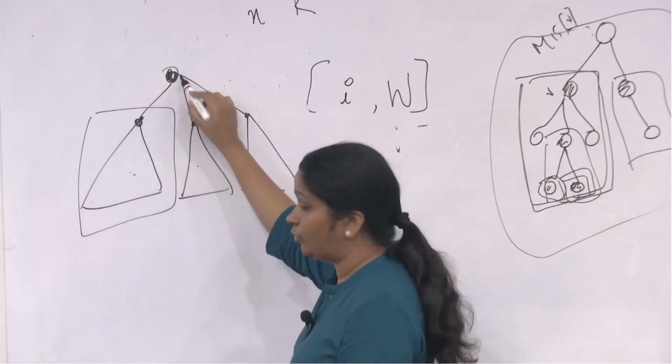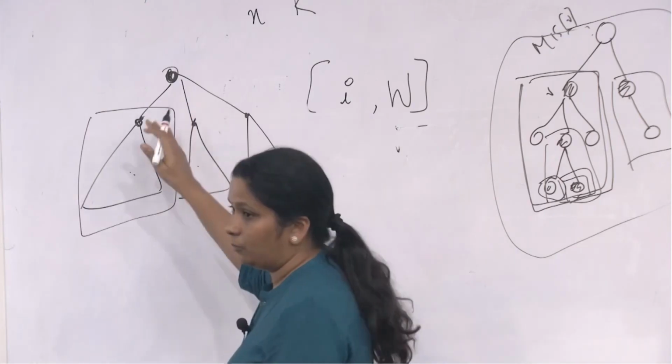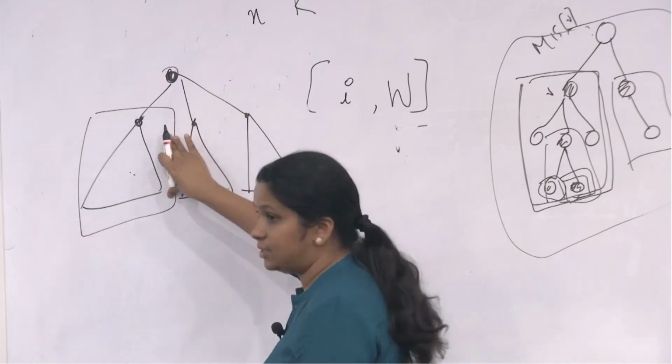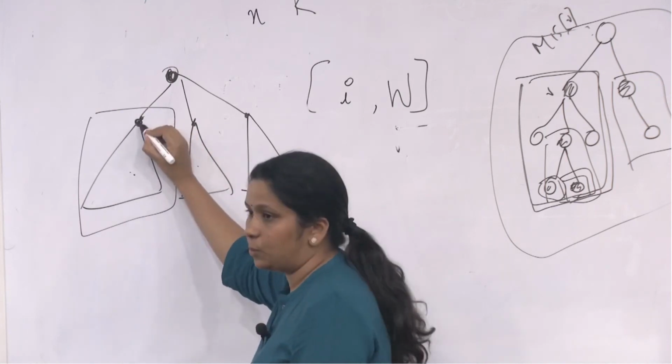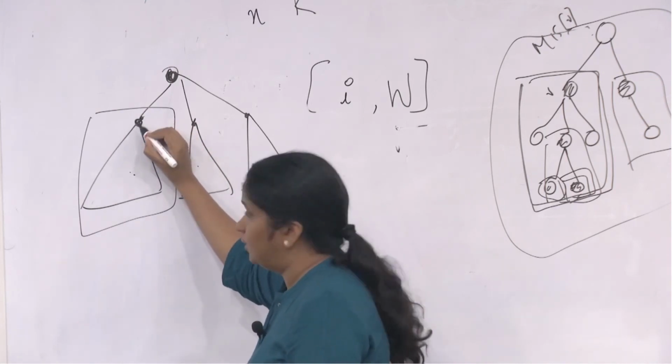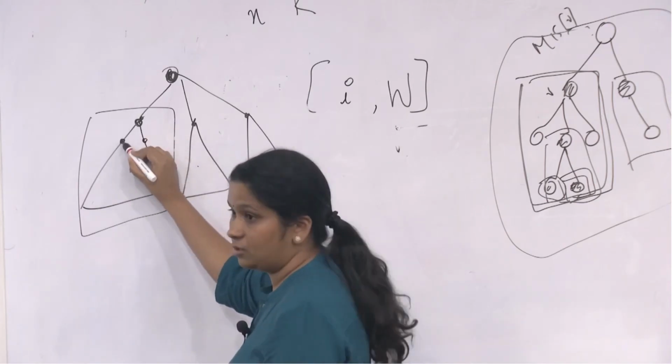Then you cannot have both of them together at the same time. Whatever you get from this part of the graph cannot contain this vertex. So that is equivalent to saying that you take the grandchild.